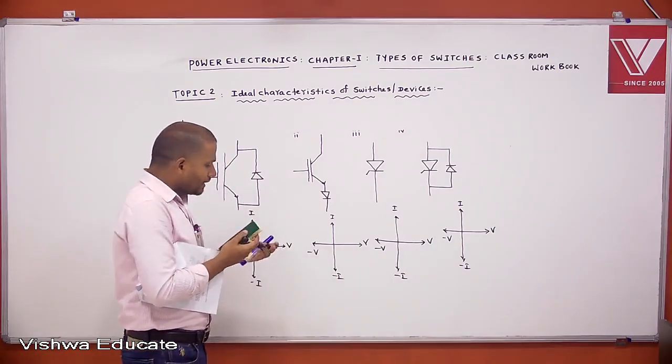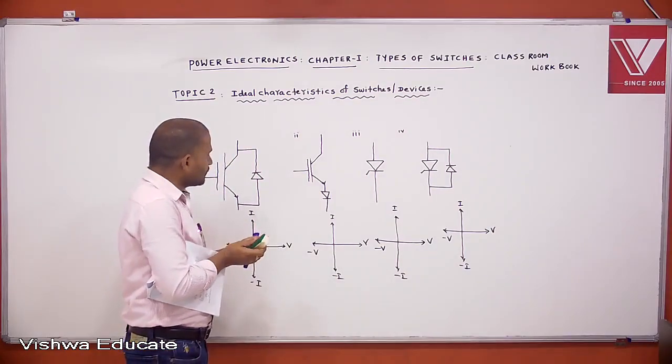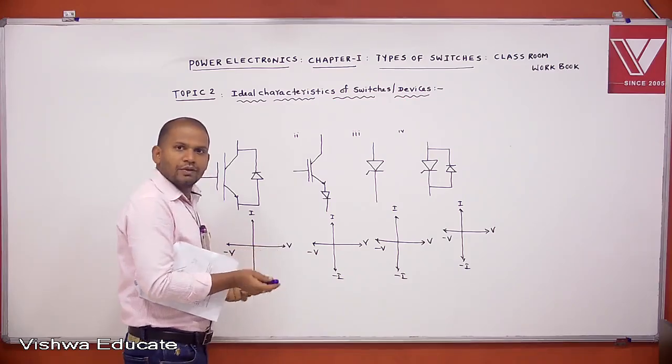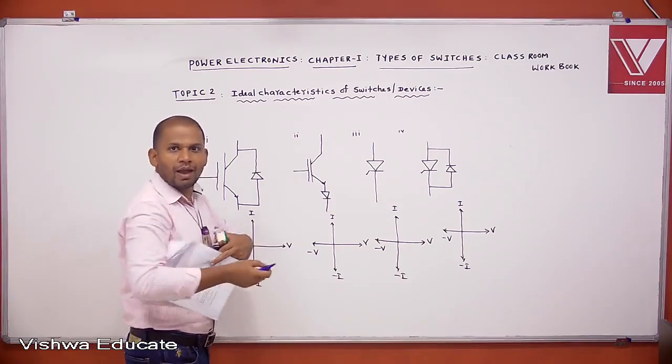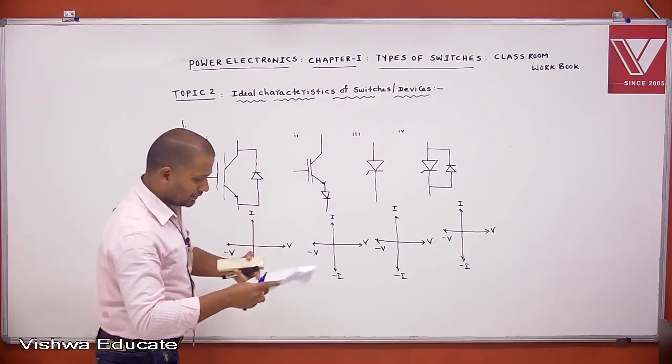Can you draw the ideal characteristics for these devices? Then we can understand which device blocks both the polarity of supply.